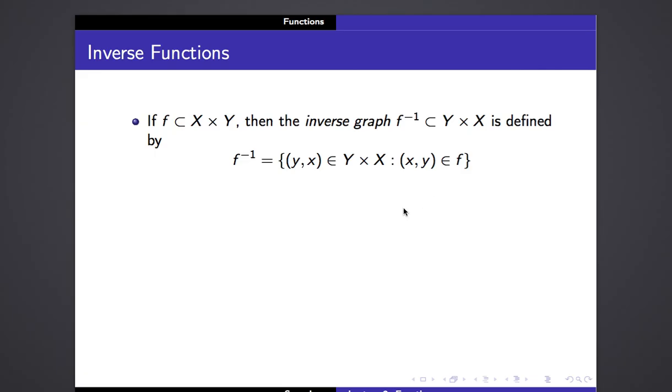That's the definition of the inverse graph.